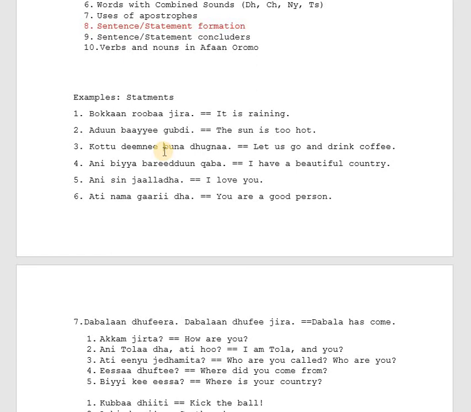This is a mistake I always make, but don't make the same mistake the vice versa. The Oromo language has a different structure from English, as we are going to see. The nouns, the verbs, and the expressions don't exactly follow the English language.